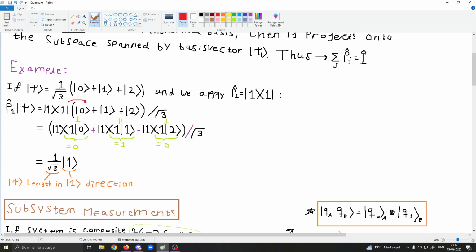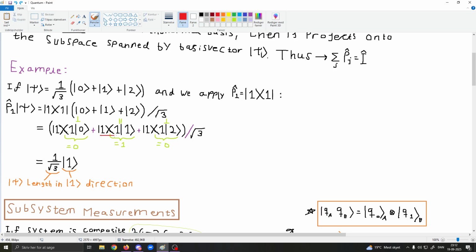So we just multiply it in here, etc. What we get is the product of the projector with each state. Now we see right here that we get an inner product for this term of bra 1 times ket 0. These are orthogonal to each other, so the product of this is 0.